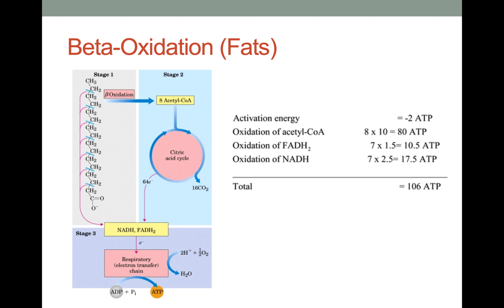The downside to this is it happens real slow, and it requires more oxygen to produce the same amount of ATP compared to carbohydrates. So this is our least powerful way of producing ATP. In other words, we produce ATP at the slowest rate.